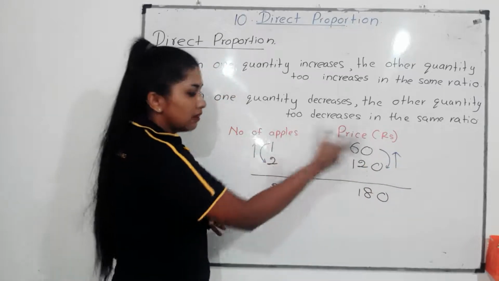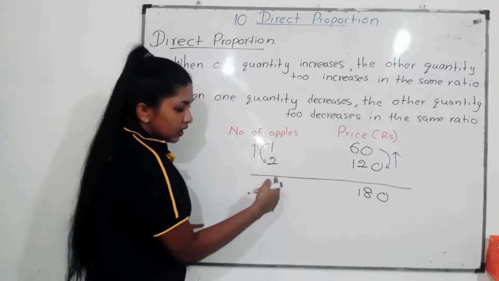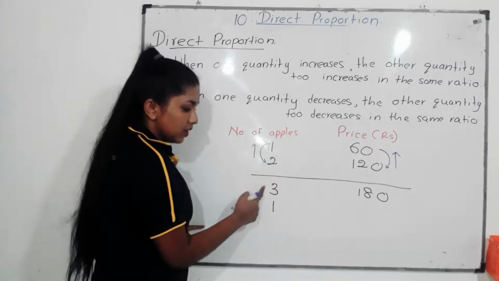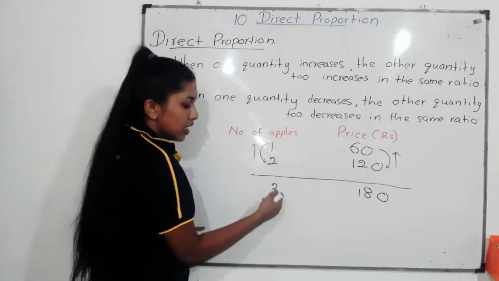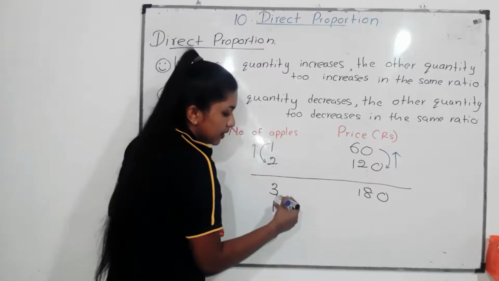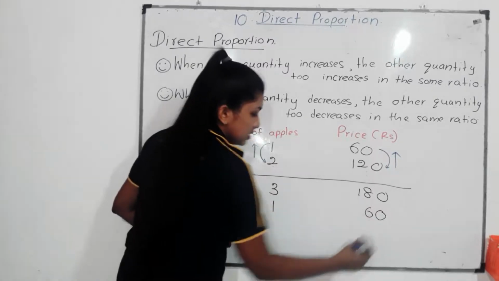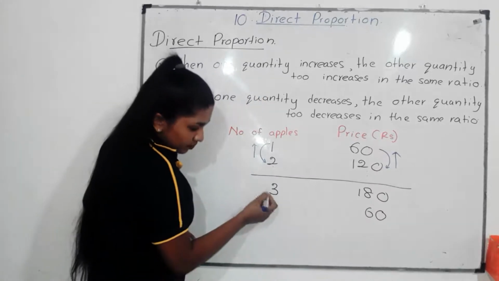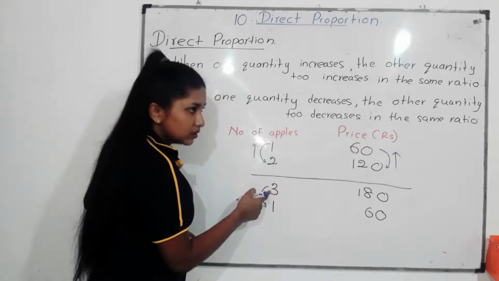Let us consider this one. The number of apples is 3 and the price is 180. Then what about one apple? We know 3 apples are 180, then one apple is 60. Now in here, this quantity decreases from 3 to 1.